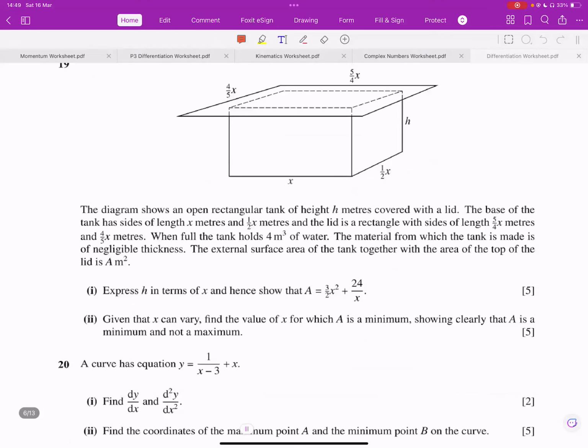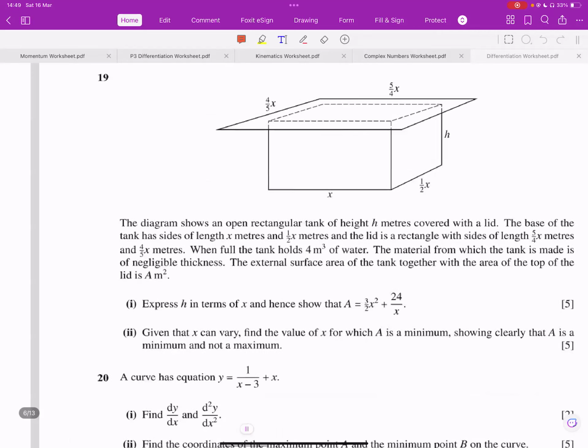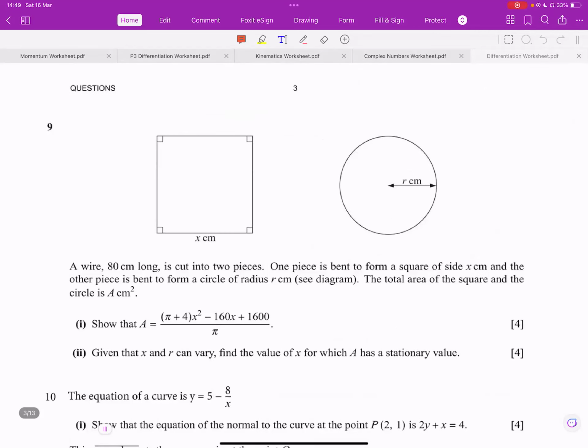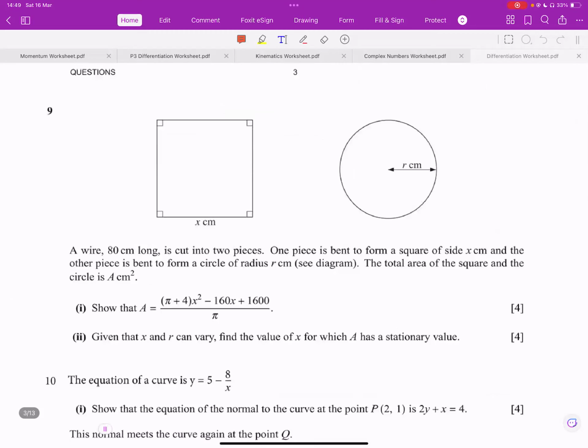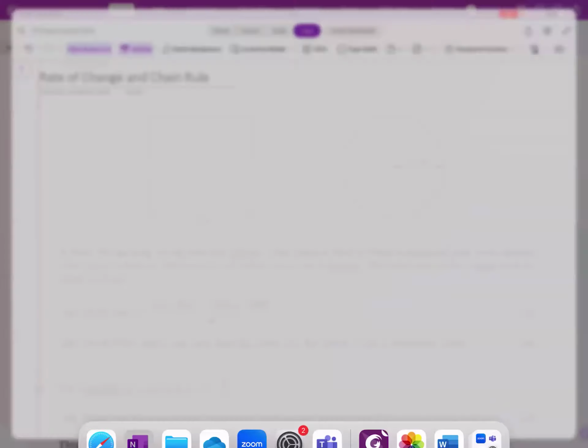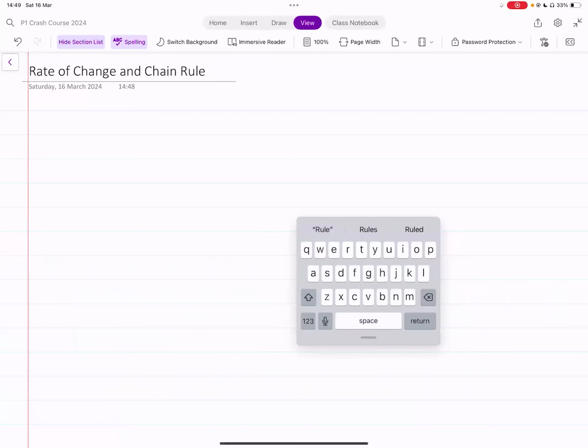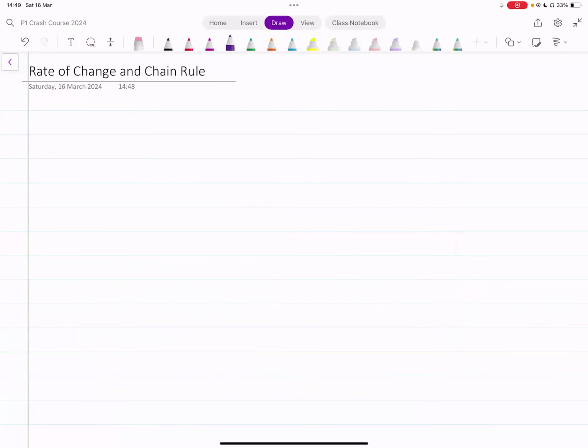So that's basically related to mensuration. The second part is pretty straightforward after that, in which you just have to find the turning point. But okay, we can have a look at the first part of this. And question number 9 as well. I think you would have the same problem in the first part, in this case, proving this. So it's more of a mensuration problem rather than a differentiation problem. But okay, we'll discuss them. Let's first discuss this last concept that we have, and that's the rate of change and chain rule.